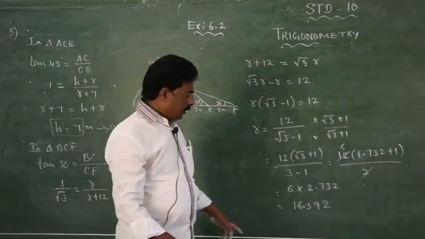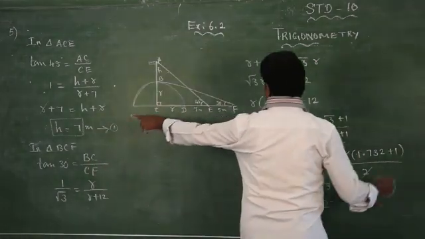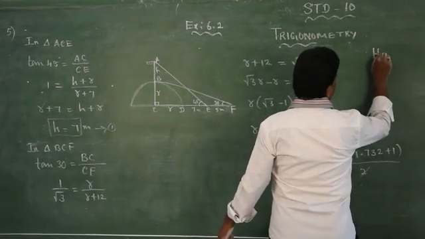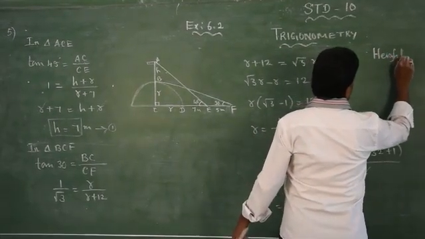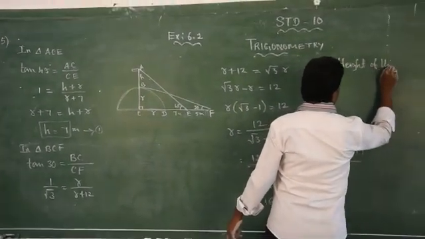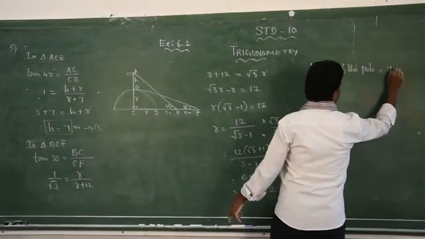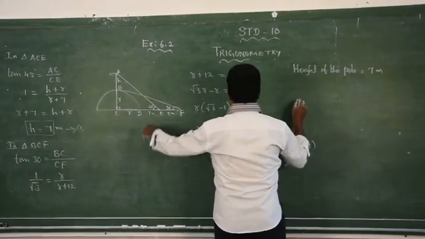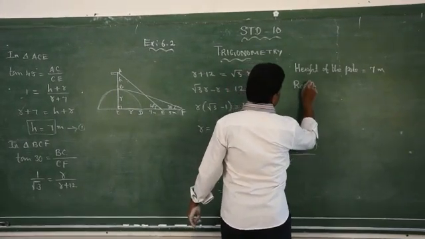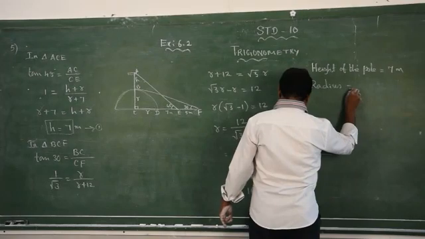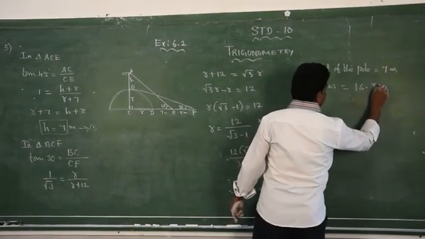Radius is 16.392. So what is the height of the pole? Therefore, the height of the flagpole is 7 meter and the radius is equal to 16.392 meter.